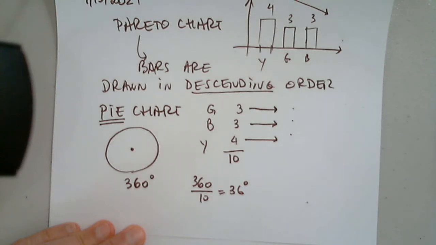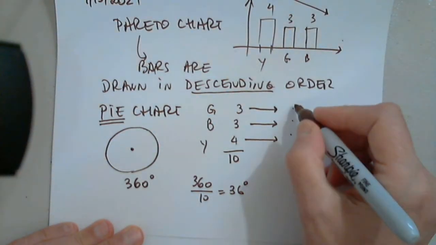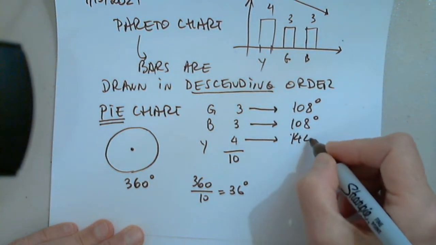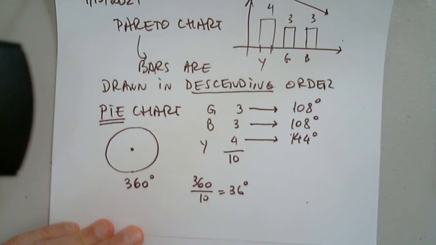I didn't need to calculate with the calculator, but it's 108 degrees, 108 degrees, and 144 degrees. Make sure always that the total gives us 360. Of course, there is no need, but I'm just trying to instill this constant, not fear, but constant need to check. Okay, just to make sure. So I'm going to stop sharing now.